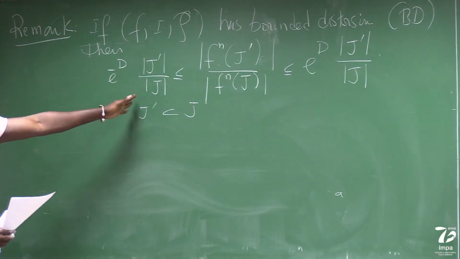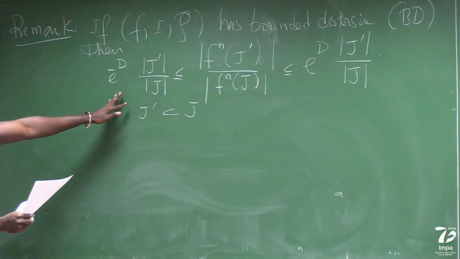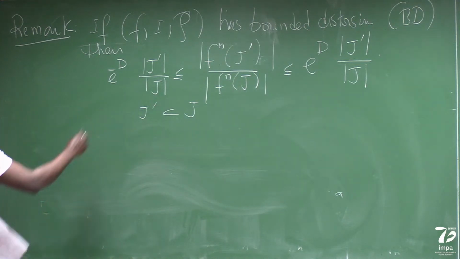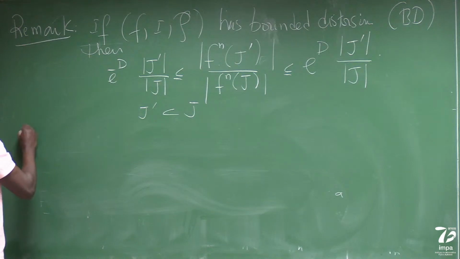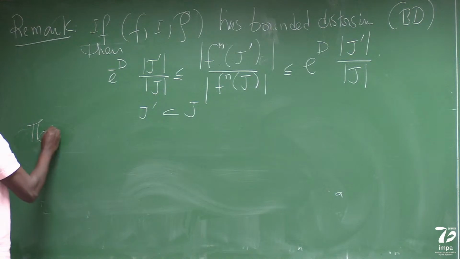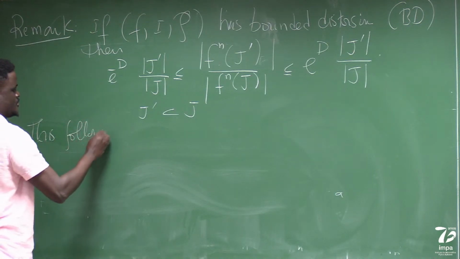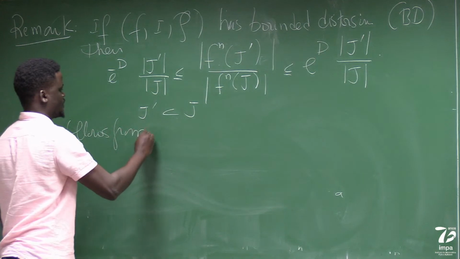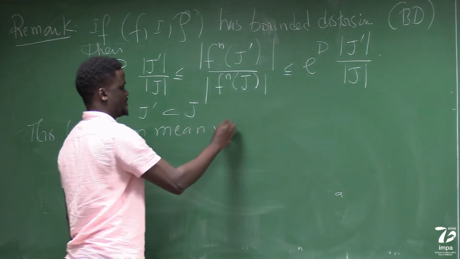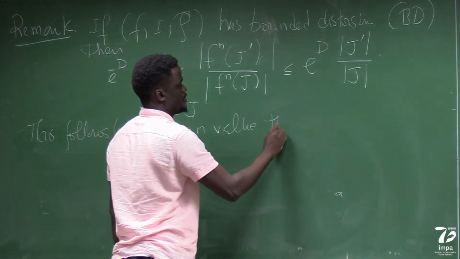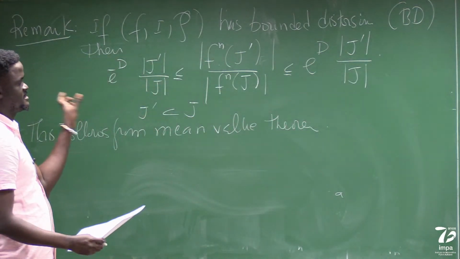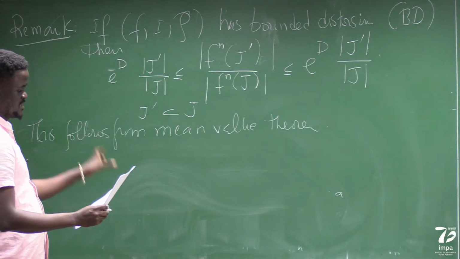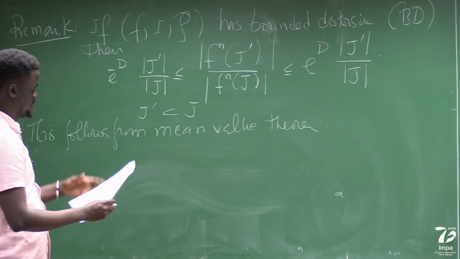Why this is true is just by the mean value theorem, okay? This follows from the mean value theorem, meaning you consider the size of the interval as the derivative times the length.